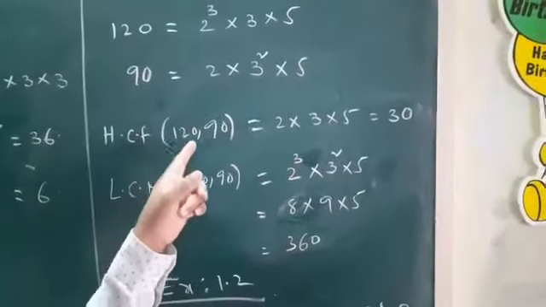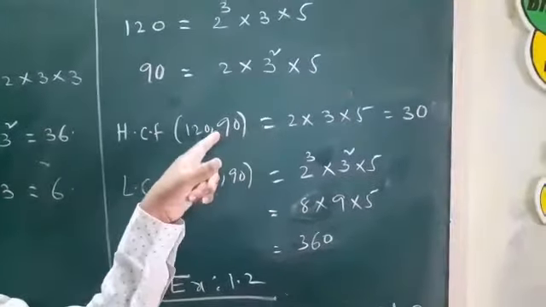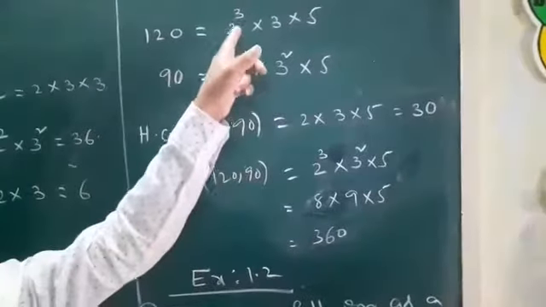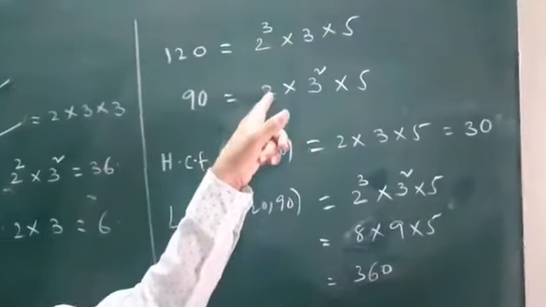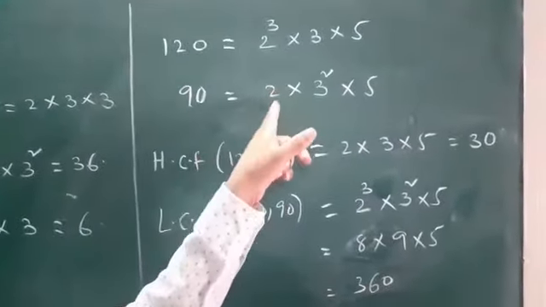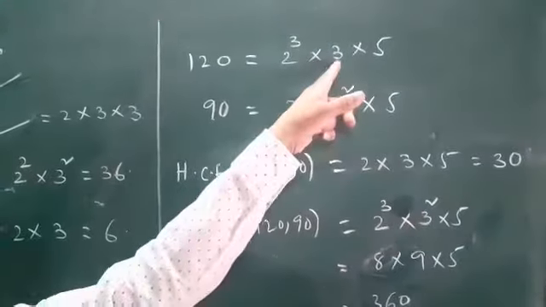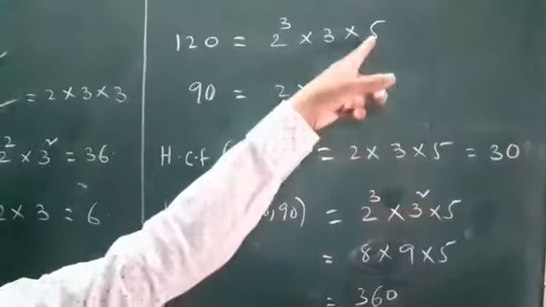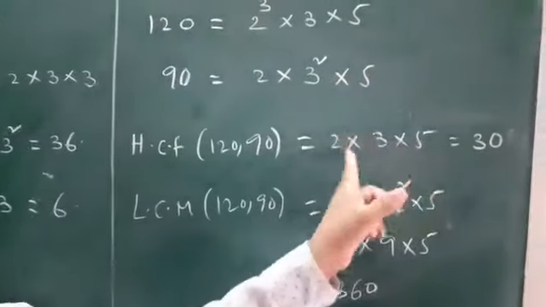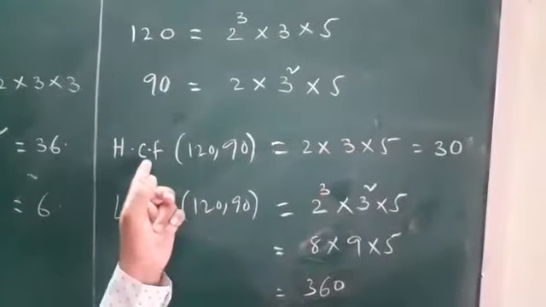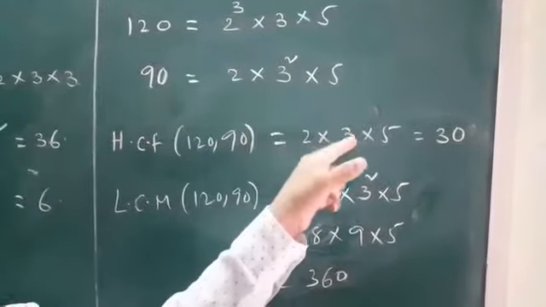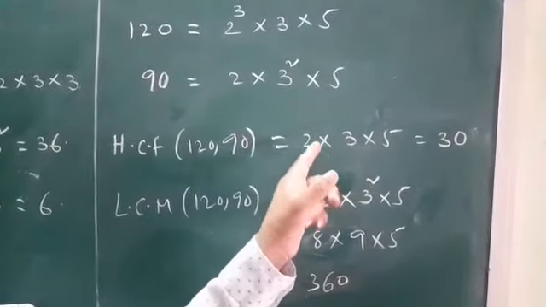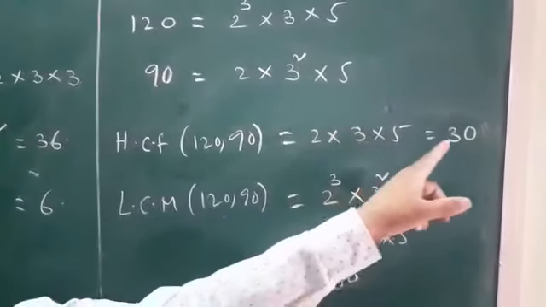HCF means you have to take the least powers. Here 2 cube, here 2. What is the least power? 2. And 3 square, what is the least power? 3. In these two, the common one is 5. So 2 into 3 into 5 is equal to 30.